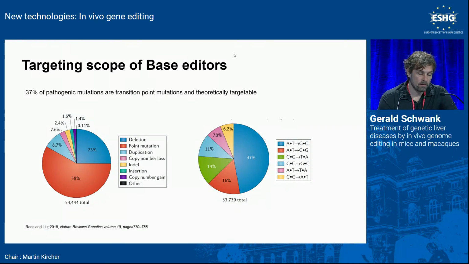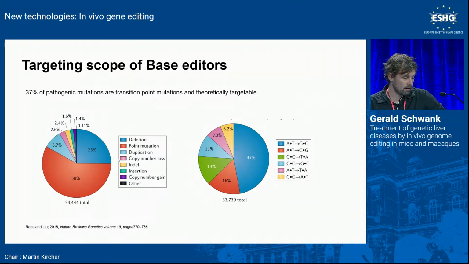Now, of course, when we do base editing, there's a limited targeting scope, because we cannot correct or introduce any DNA change. It's basically transition point mutations which we can convert.